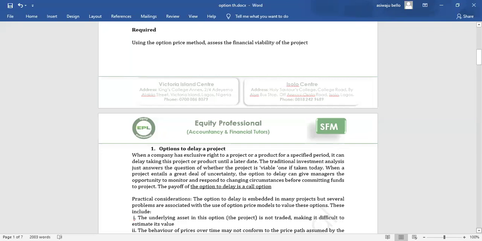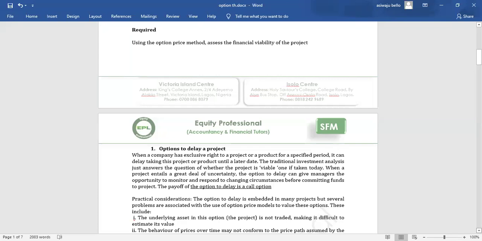It assumes that a project must commence immediately. The conventional net present value does not provide room for financial flexibility. This is what option theory tries to value: financial flexibility.